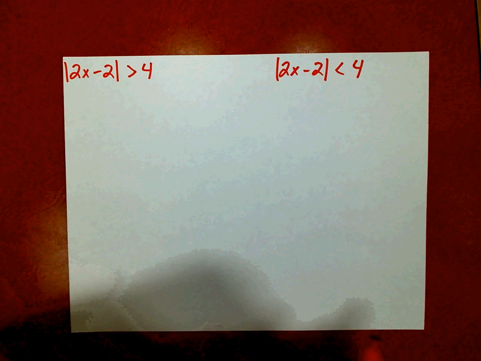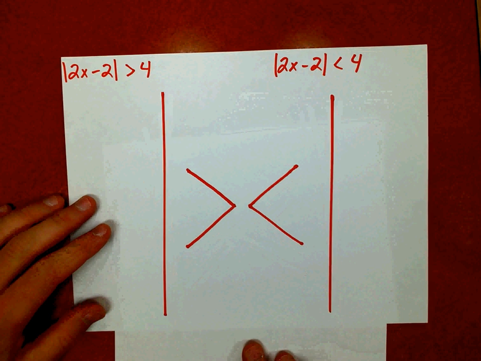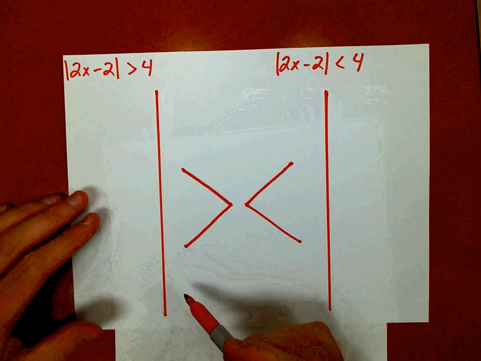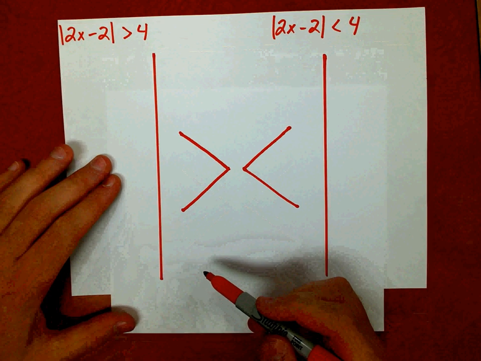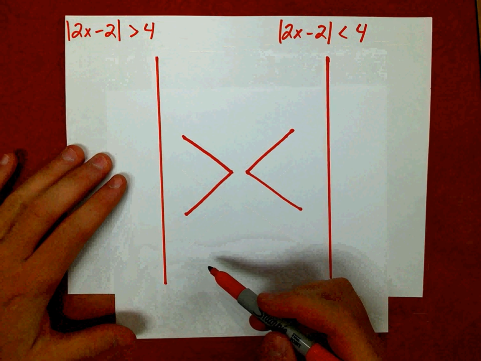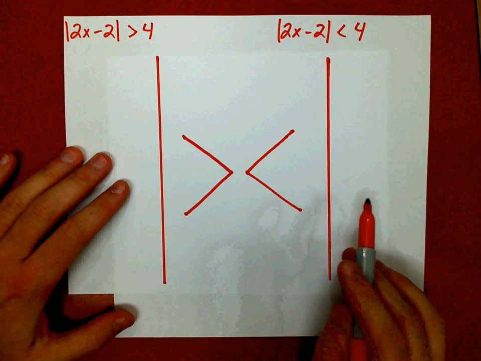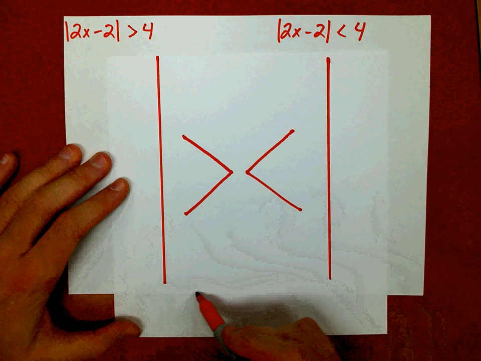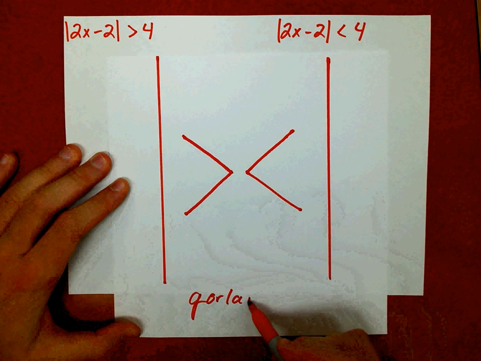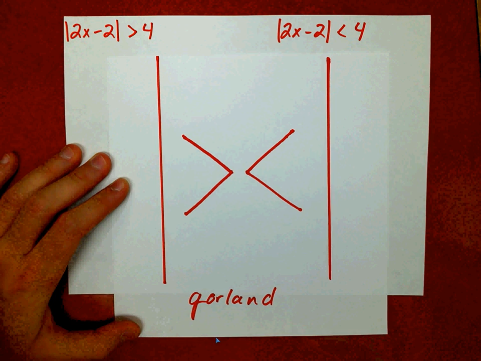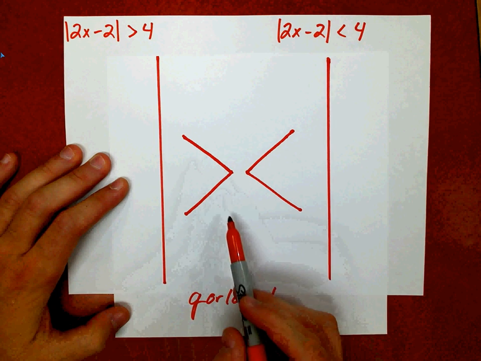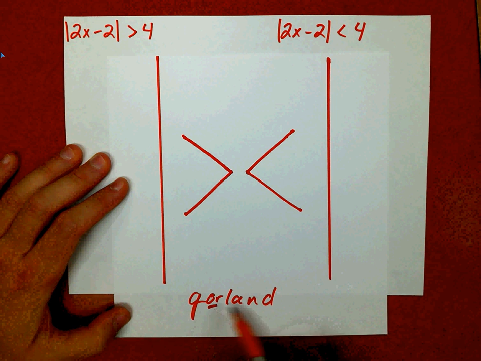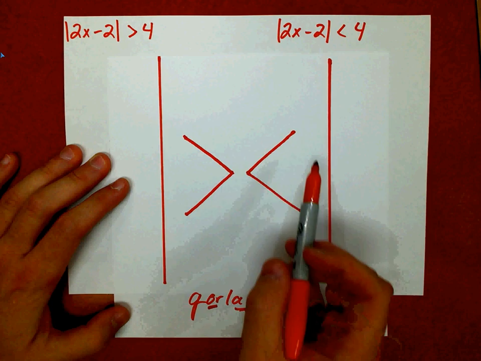To answer that, we have to enter the gates of Gorland. Gorland is a mythical place that tells us whether we should use an "and" compound inequality or an "or." The gates to Gorland tell us whether we should set up an "or" or an "and" compound inequality.